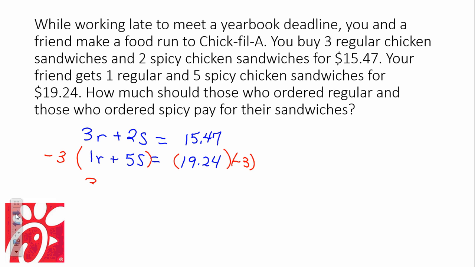So 3R, -3R - 15S, and break out the calculators here. 19.24 times -3 is 57.72. Thank you.